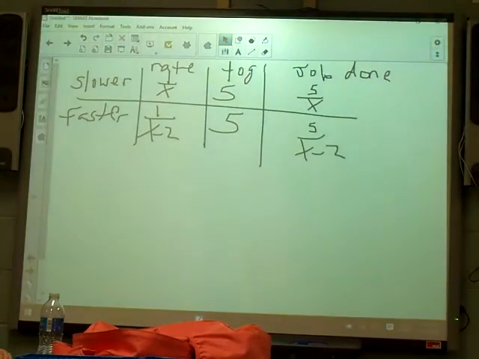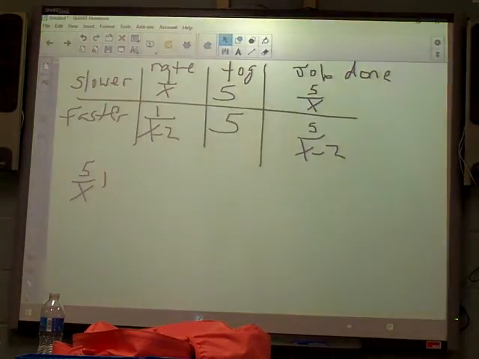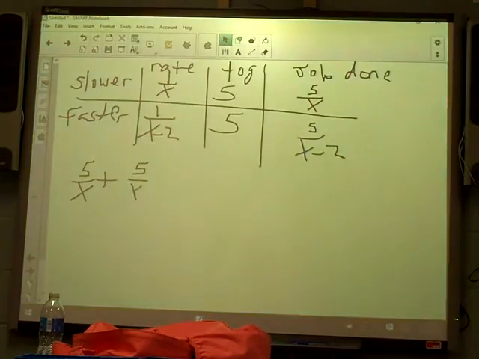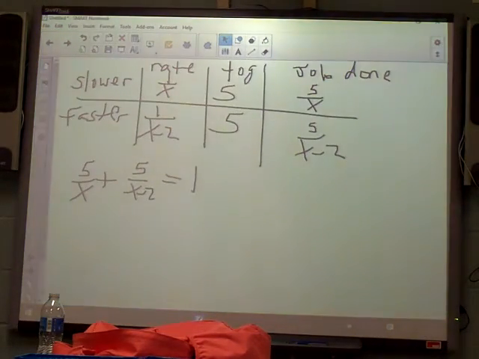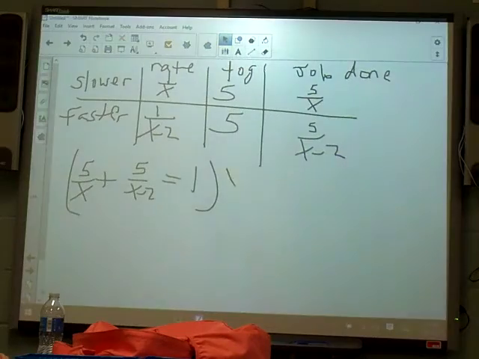Now I just told you what this is going to get set equal to when we add these two jobs. The slower guy, 5 over x, plus the faster guy, 5 over x minus 2, is equal to the total complete job, 100%, which is 1. Okay, so we're going to multiply here by x and x minus 2.